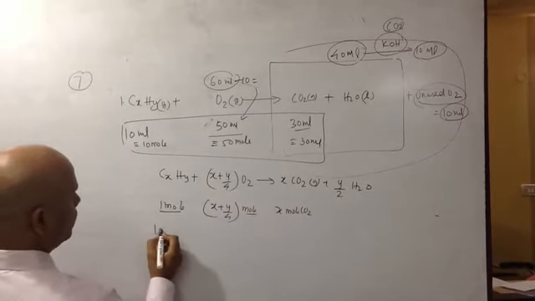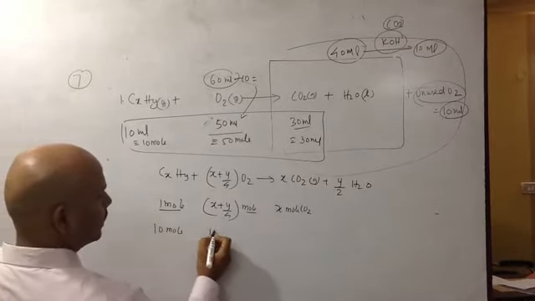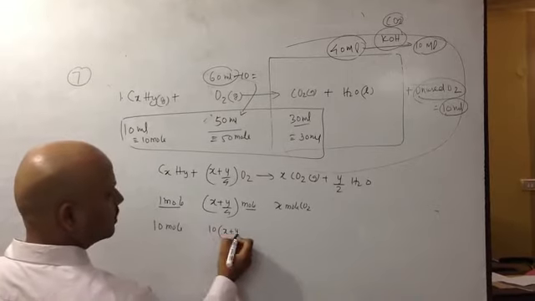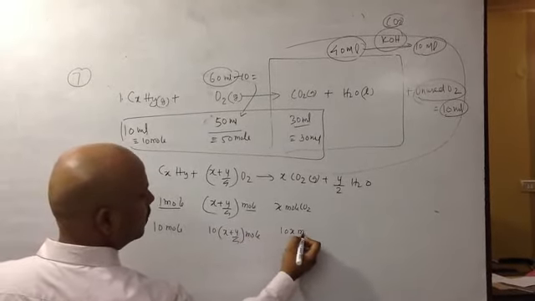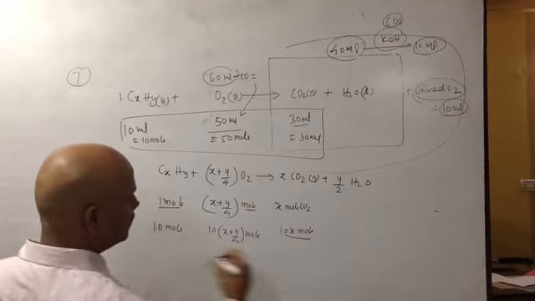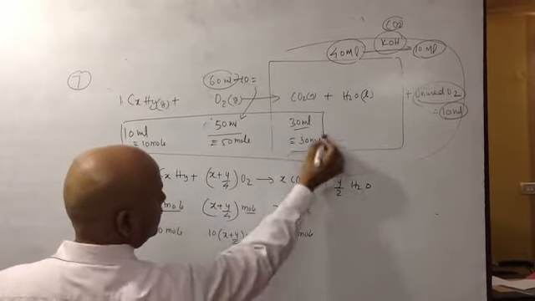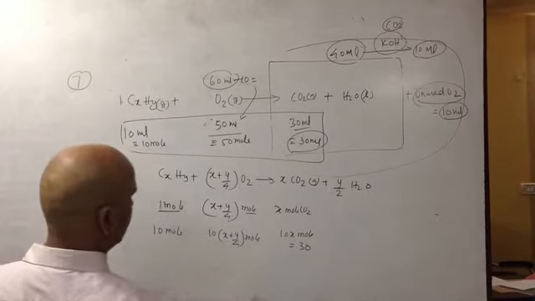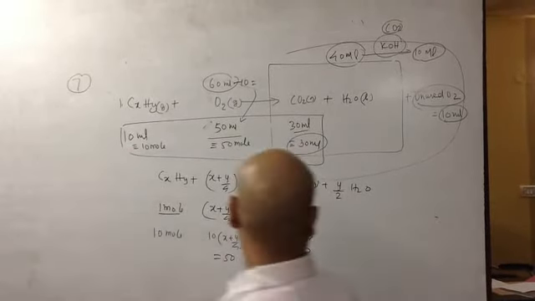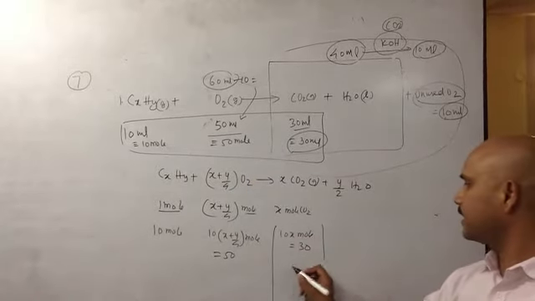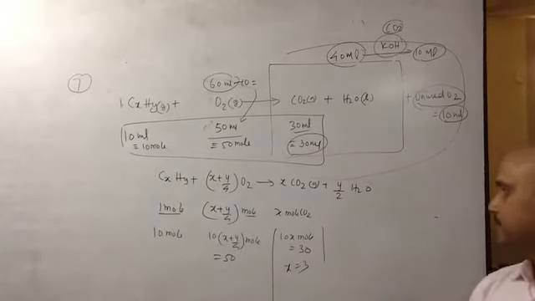Now 10 mole will react with 10 into (x plus y by 4) mole and produce 10x mole of CO2. Now value given. What is the value of 10x? It is 30. What is the value of this? This is 50. Just we have to solve. When you solve, you find that 10x is 30, therefore x is 3.